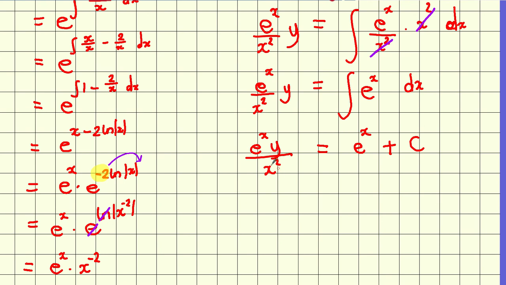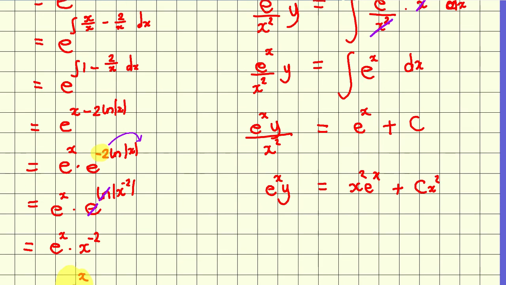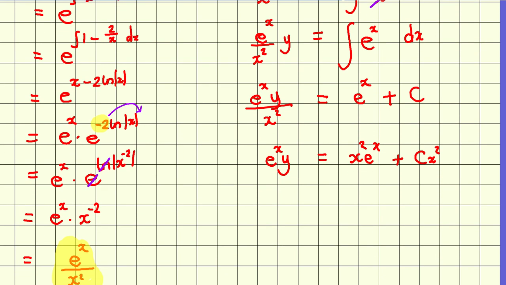So I'm going to start by multiplying everything through by x squared. So I'm going to have x squared e to the x plus cx squared, and then divide everything by e to the x. And that means you've got y by itself. So if I divide that by e to the x, I've got an e to the x there, so you just get x squared.